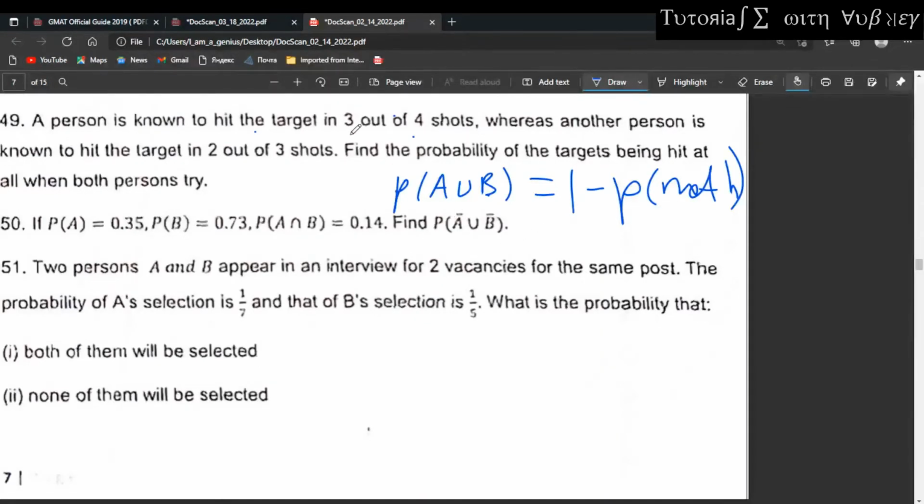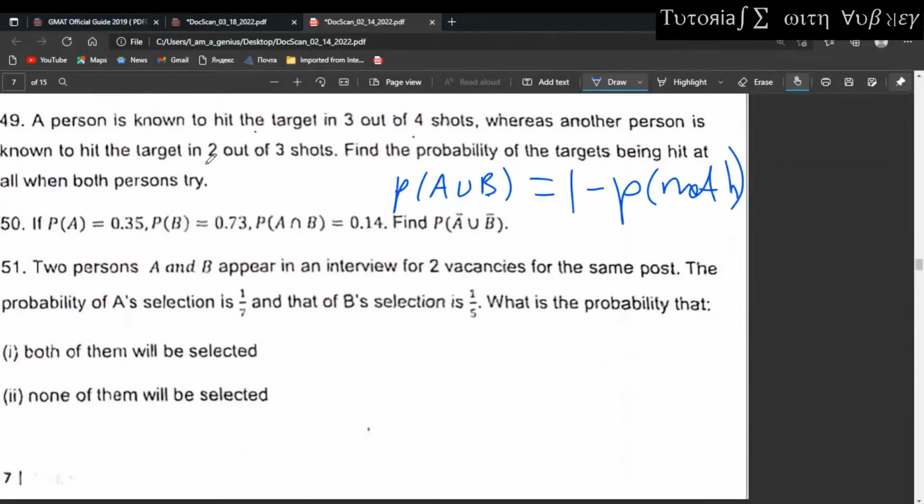So we include the chance of not happening whenever we're trying to solve a problem. Then you should look at the problem. Does person A hitting the target mean person B won't hit the target? Okay. Does person B hitting the target affect person A hitting the target? No. If person A hits the target, person B can also hit the target.